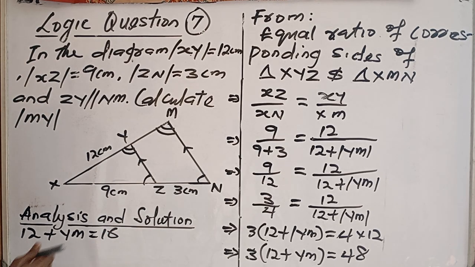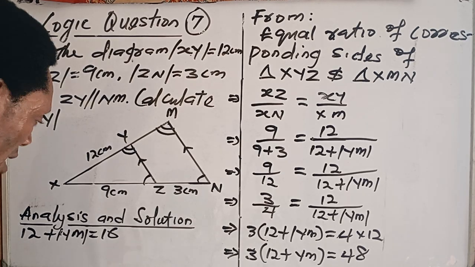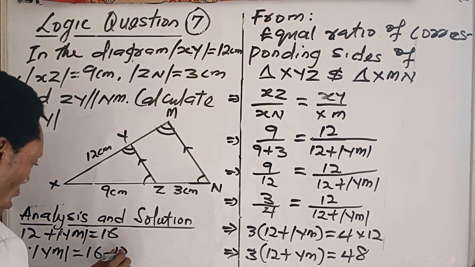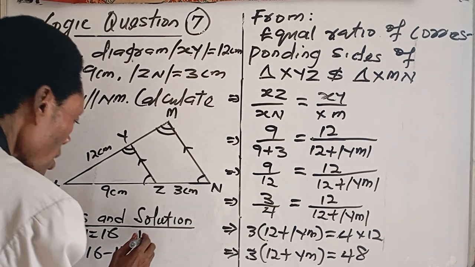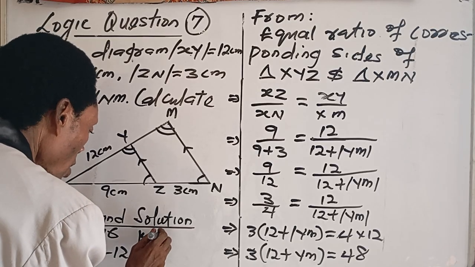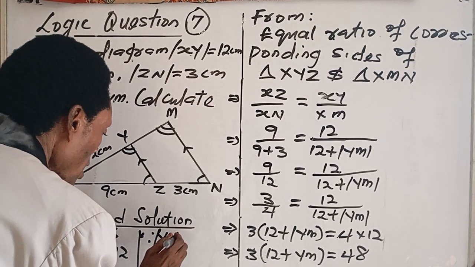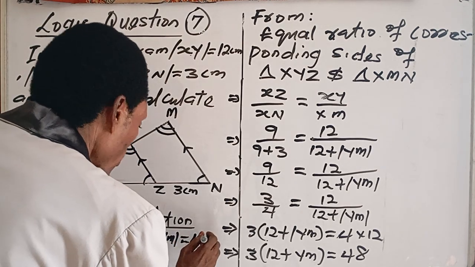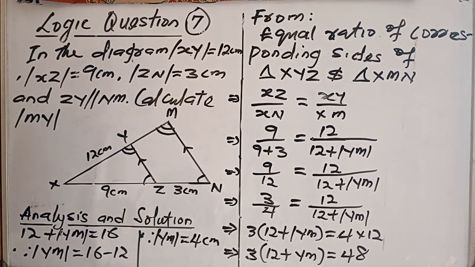Now, what are we looking for? We are looking for the length of YM. So what do we do next? We have to move the terms. Therefore the length of YM equals 16 minus 12, which gives us 4, so that is 4 centimeters.